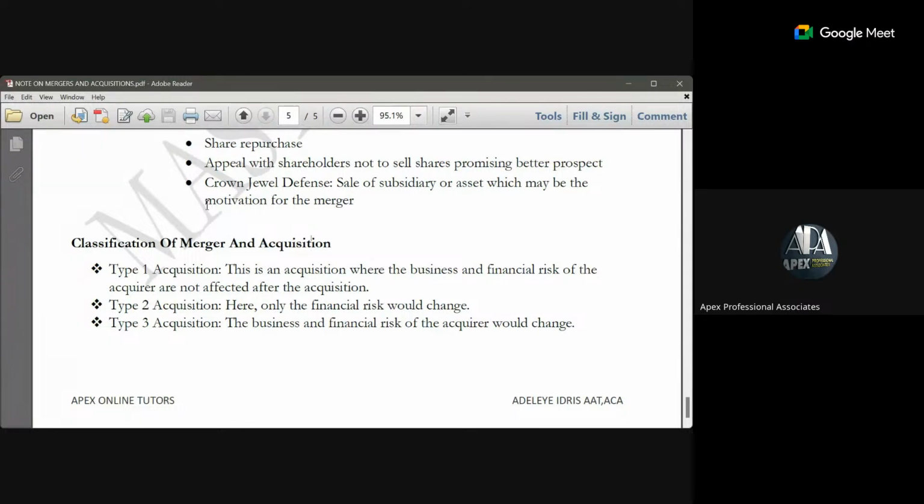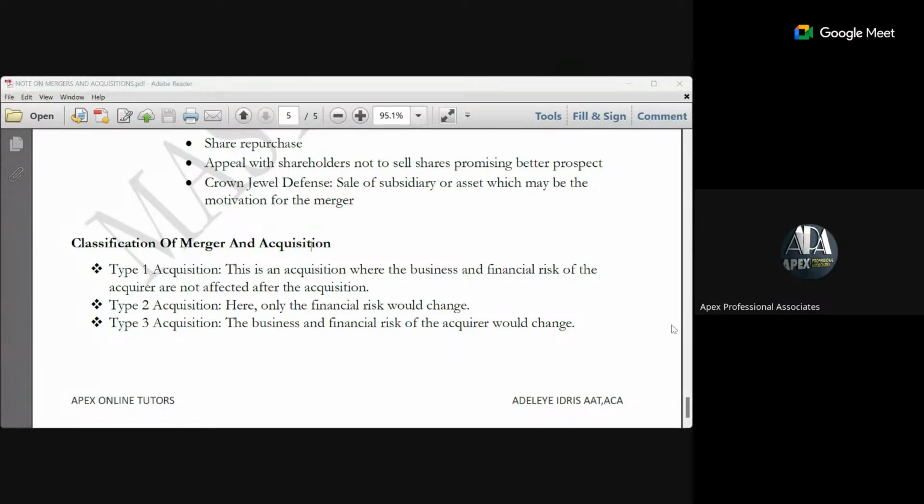Now, the type 1 acquisition is an acquisition where the business and financial risk of the acquirer are not affected after the acquisition. Both the business risk and the financial risk of the acquiring business are not affected. It won't change. So that is a type 1 acquisition, where the business risk of the acquiring company does not change, and at the same time, the financial risk does not change either.